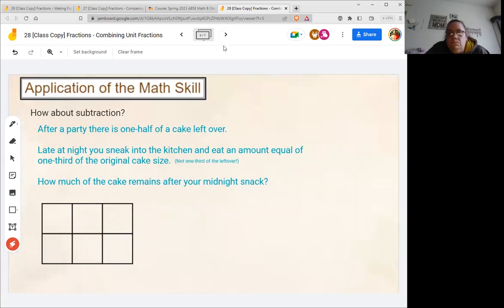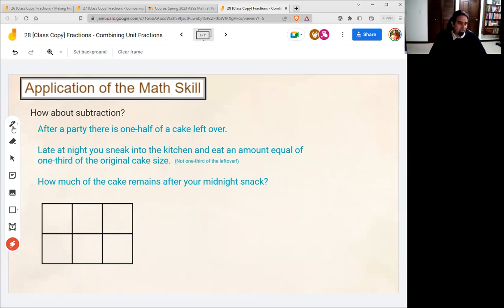How about subtraction? After a party, there's half of a cake left over. Late at night, you sneak into the kitchen and eat an amount that's equal to a third of the original cake size. How much of the cake remains after your midnight snack? Tell me what to do or do it yourself. Can somebody eat a third of this cake?